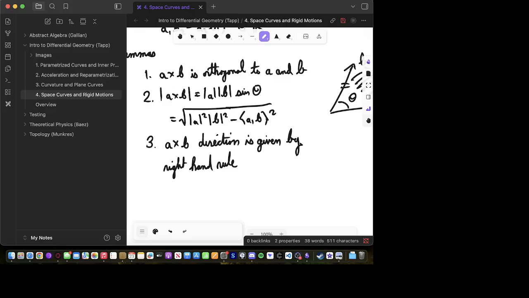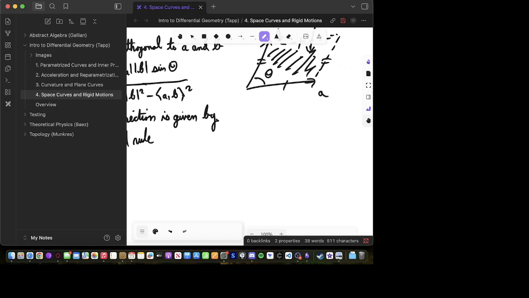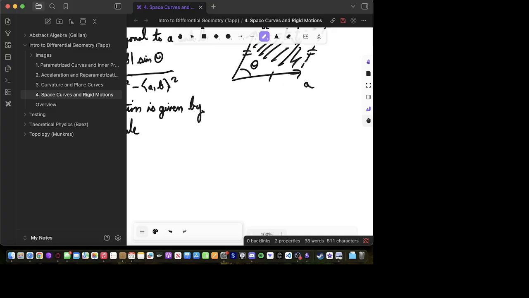So if you've taken physics before, you might be familiar with the right-hand rule, but the right-hand rule is simply so.